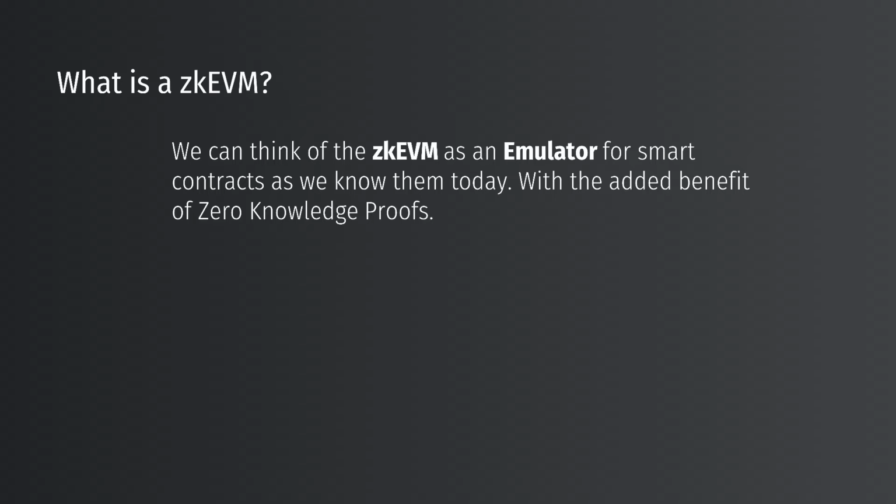Another way we can think of the zkEVM is some form of an emulator for smart contracts to run on the zkEVM with the added benefit of zero knowledge proof. So smart contracts currently can only run on the Ethereum virtual machine. With the zkEVM, we are able to put smart contracts on a zkEVM with the benefit of zero knowledge proof, and in this sense zero knowledge proof scaling.